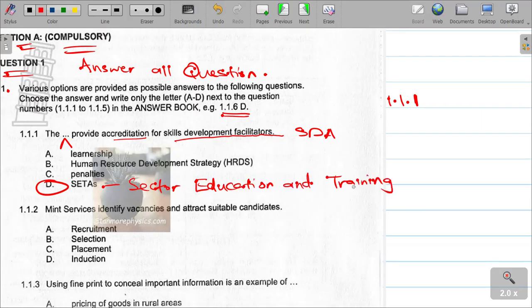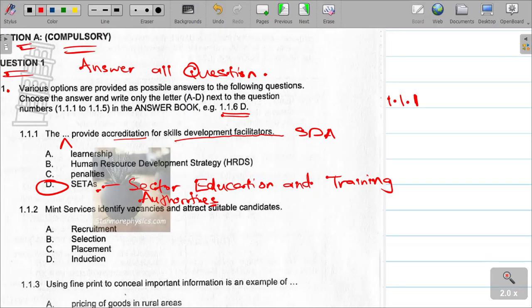So that's where they get accreditation for skills development.